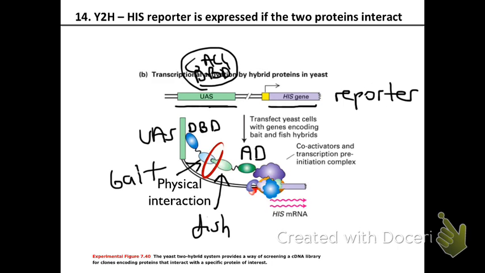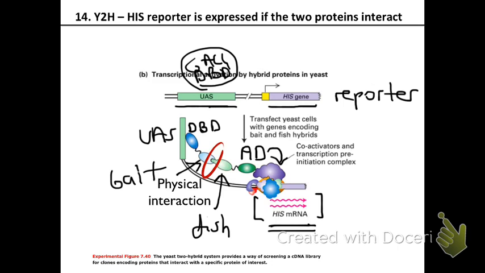And when the activation domain of the transcription factor is there, it's going to be able to activate the transcription of the reporter gene. In this case, that's the His gene. So it's going to then transcribe these mRNAs. So if this interaction occurs, then these yeast cells should be able to grow on plates that lack the histidine amino acid, right?